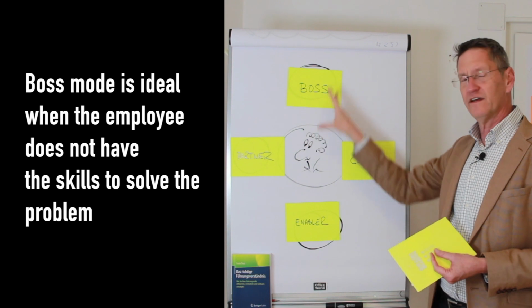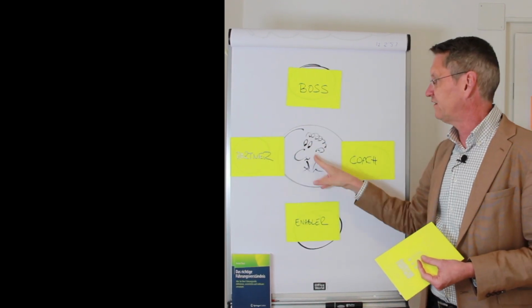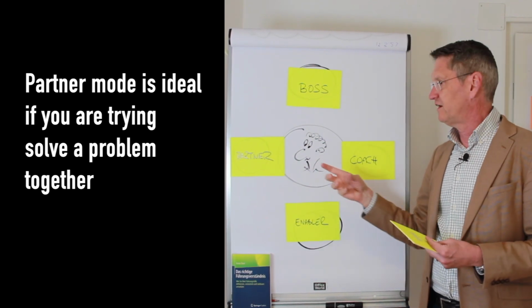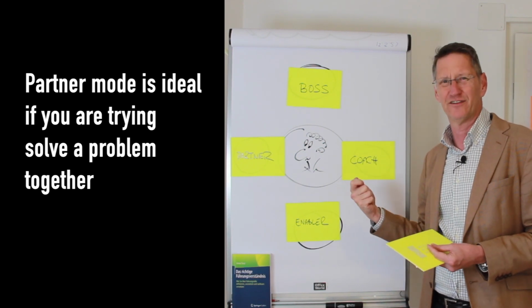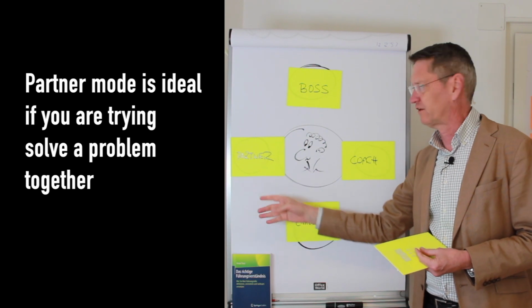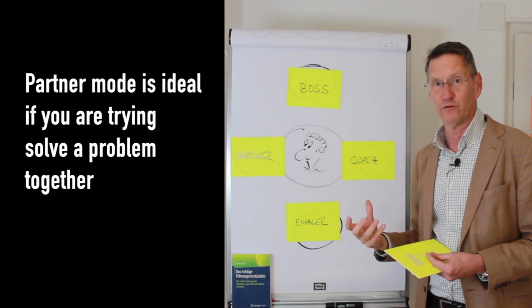Okay? So that's a typical mode where you would apply the boss mode. Then there's the partner mode. In the partner mode, it's a mode where you would typically use when you yourself also don't have the answer directly and you're trying to solve a problem together. So partner is typically a problem-solving mode.